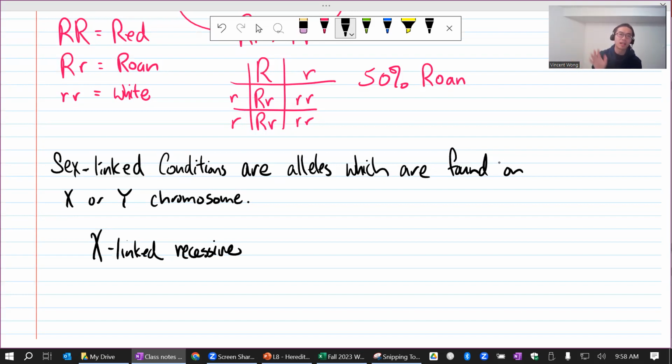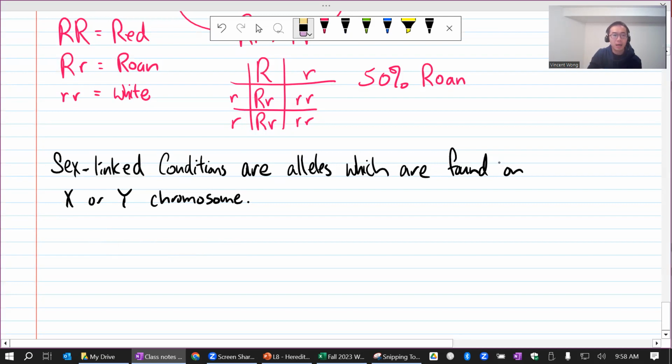So they kind of have like a protective copy. If it's X-linked dominant, then that's a different story, right? Because just 1 copy is able to make the disease show up. Okay, and female, they have like 2 X's. They're more likely to get it, higher chance of getting it because they have 2 of such.